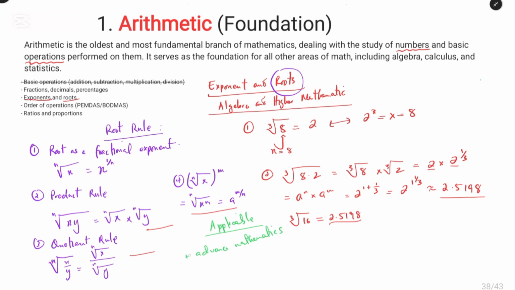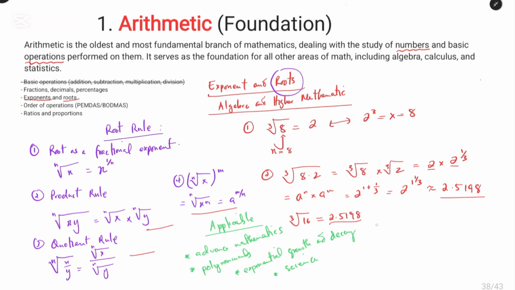Later on, we will look at mathematics that has some relation to exponentials, roots and polynomials. And the exponential growth and decay will become more and more important, mostly in the field of science.